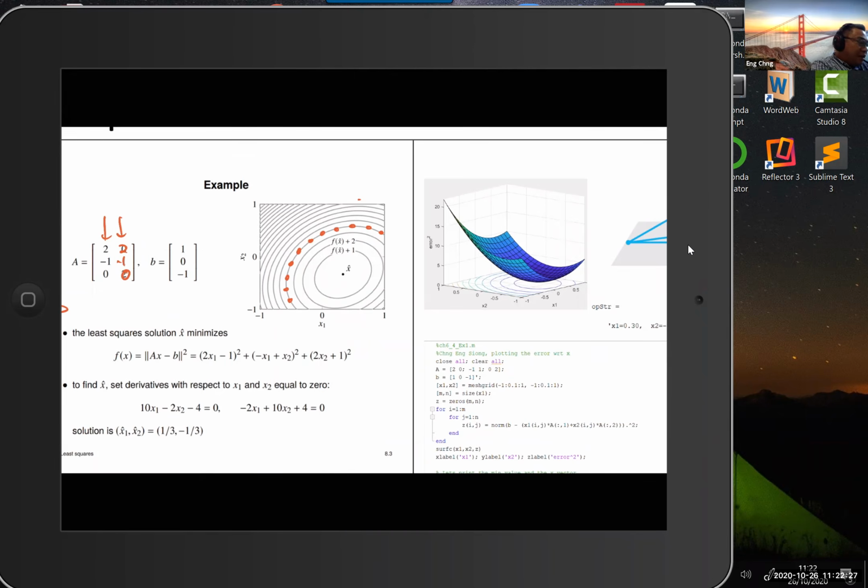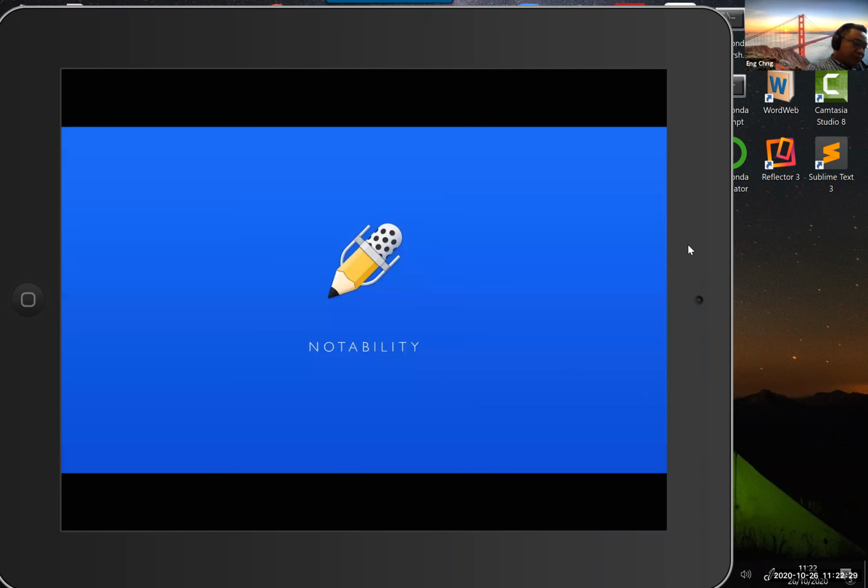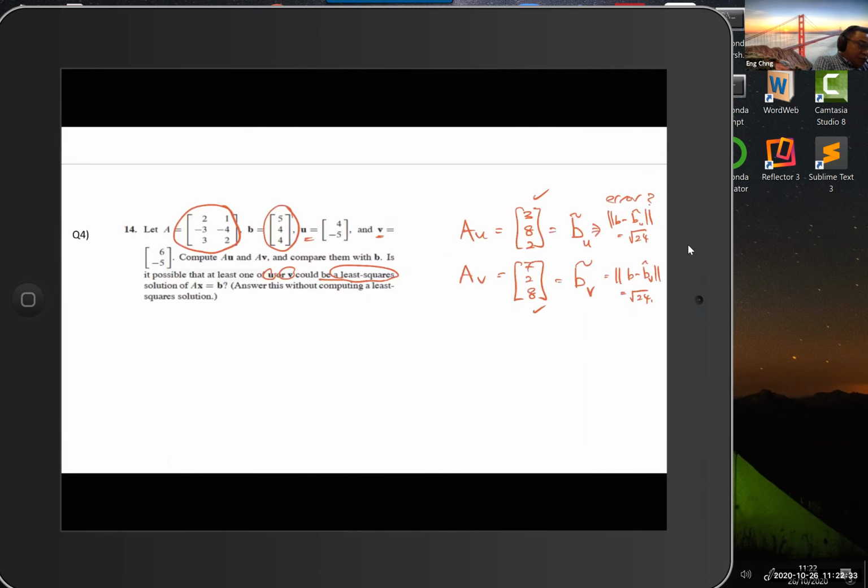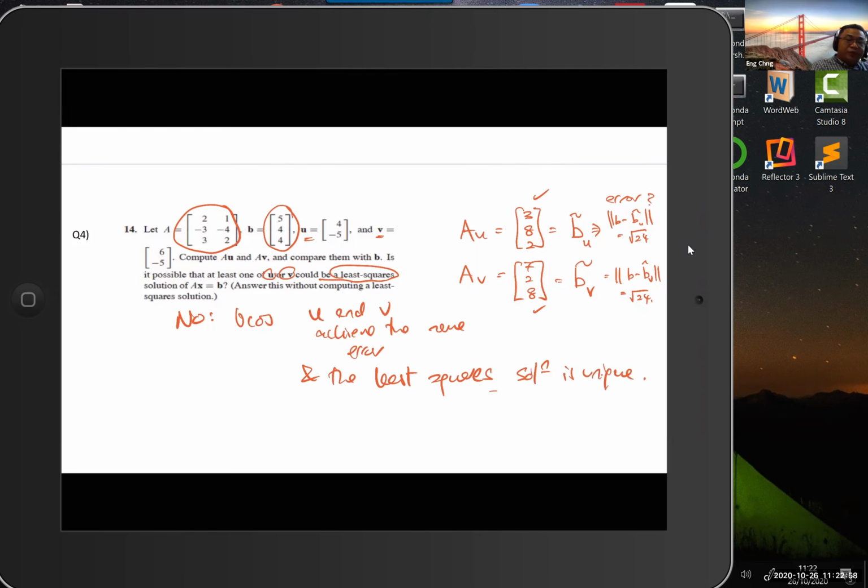So if you quickly now answer no, because U and V achieve the same error, and the least square solution is unique. But you have to be very, very careful here.